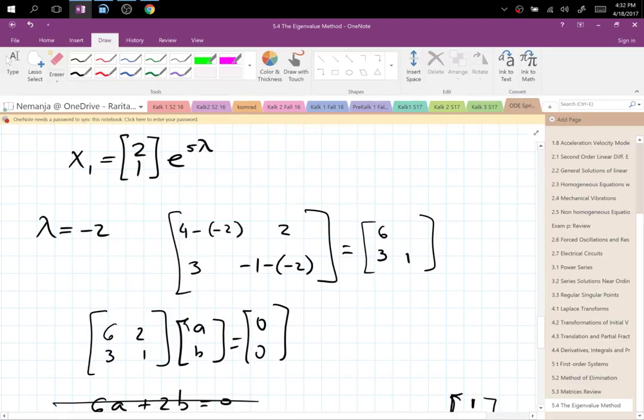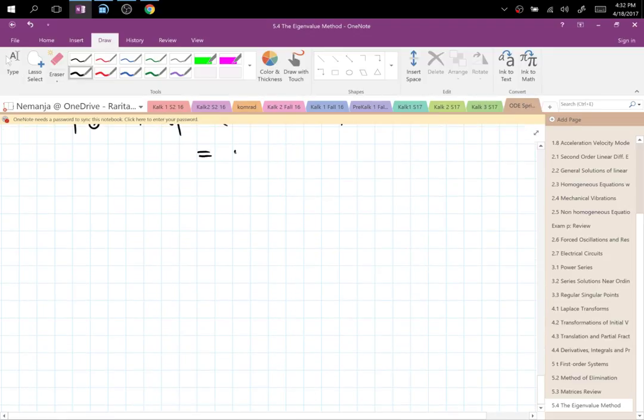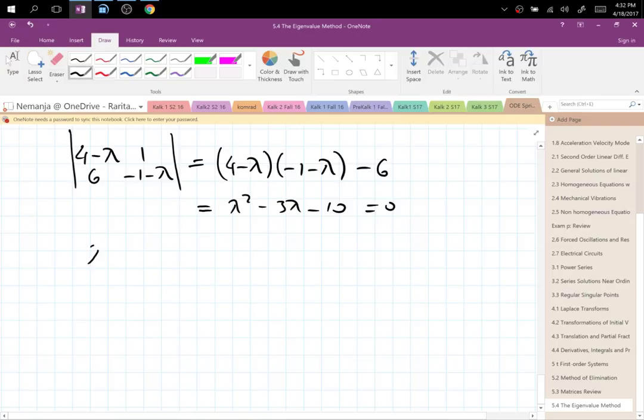Lambda squared minus 3 lambda minus 10 equal to 0, from where lambda 1 was what? Negative 2? And lambda 2 was 5? Is that what we get? Anyone? Negative 2 and 5? Yeah?